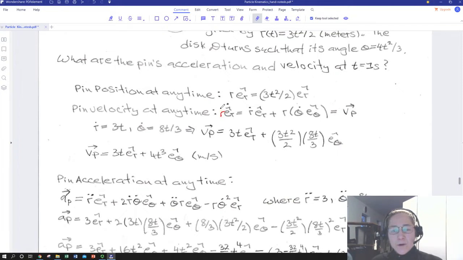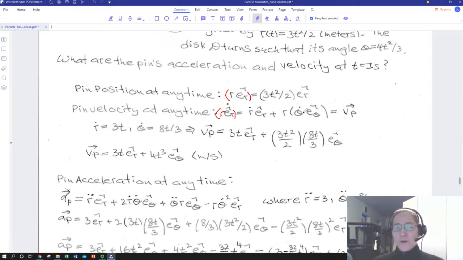There's a little typo here, this should be r. Basically it's the time derivative of this whole expression, which is velocity. Okay, so we can put in our time derivative for r, which is just going to be 6t divided by 2, or 3t.